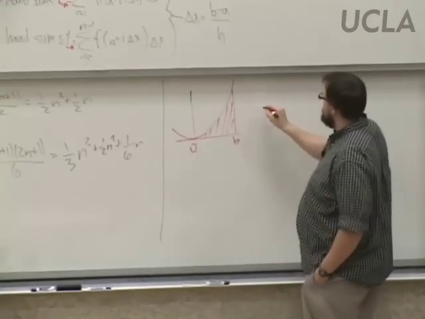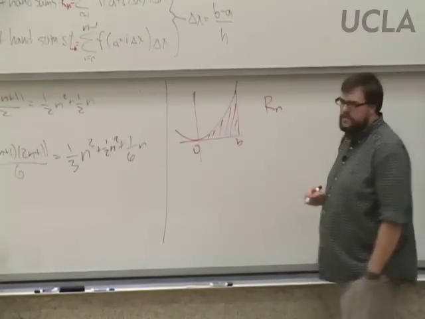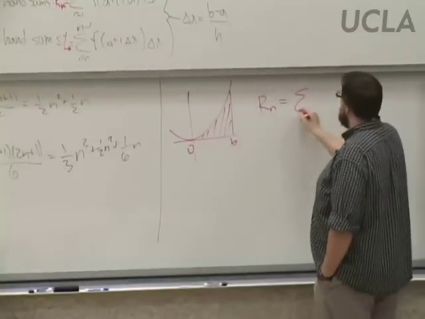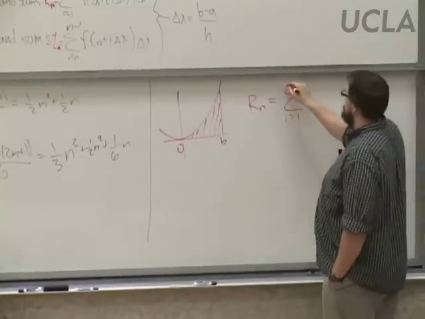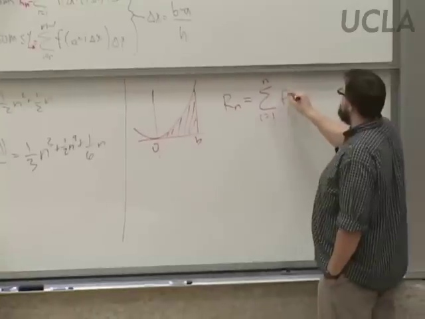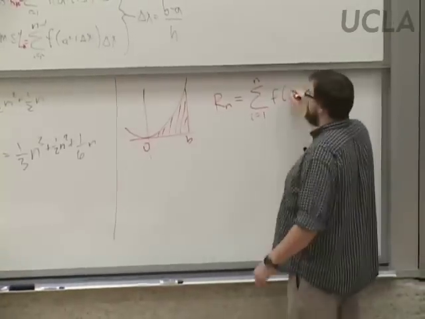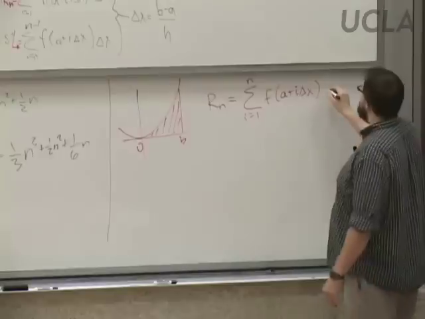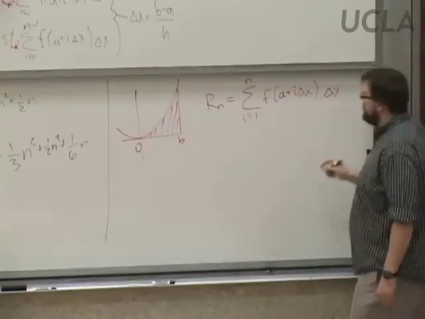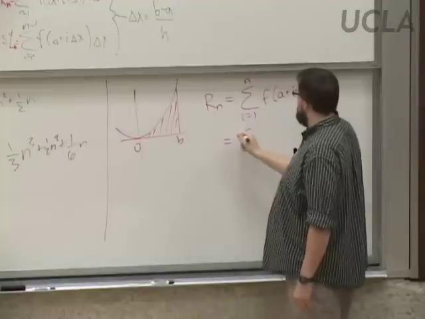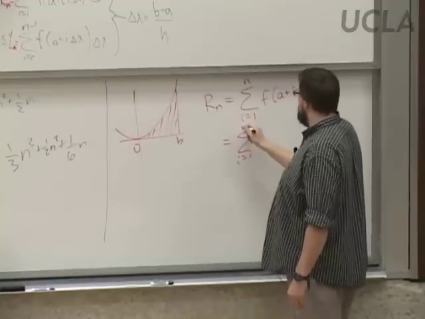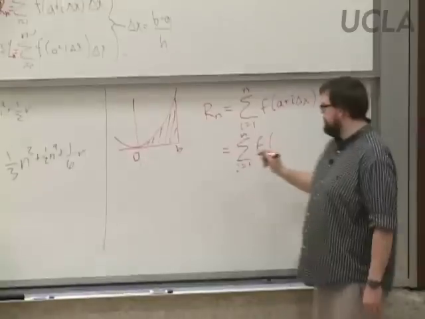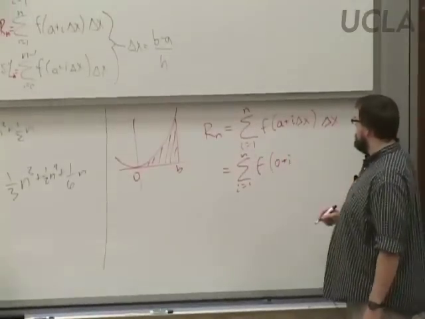So what I'm going to do is look at the right-hand sum Rn and figure out what that would be. So Rn, by definition, is the sum i equals 1 to n of f of a plus i delta x times delta x. Now let's start filling stuff in. Sum i equals 1 to n, f of a is 0, because I'm starting at 0, plus i delta x.